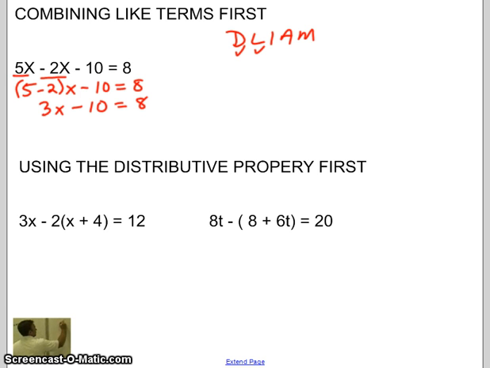Right, now we're skipping here, we're doing our inverse operations. Add or subtract? Well, we have to add 10 to both sides. 3x equals 18. Now we're going to go to multiplication or division. Alright, we have division. We have 3x, 3 times x, so we're going to divide by 3. And we're left with x equals 18 divided by 3 is 6.